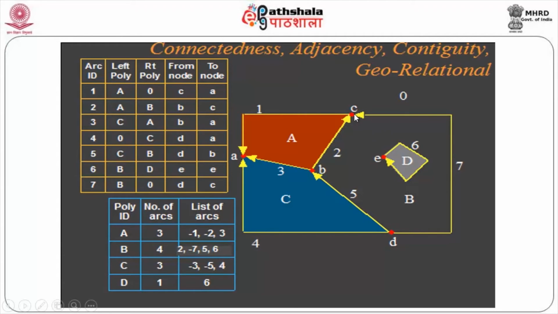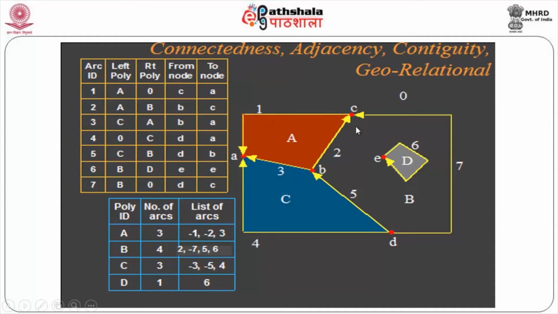So, let me say if the starting node is C, it just goes like this, there is a vertex here and it comes here. Point number 2, wherein you have this line, again to the left of it is A, to the right of it is your B. So, this is the polygon B, and it starts from B to C, this line B to C. So, this is to the left of it, to the right of it.